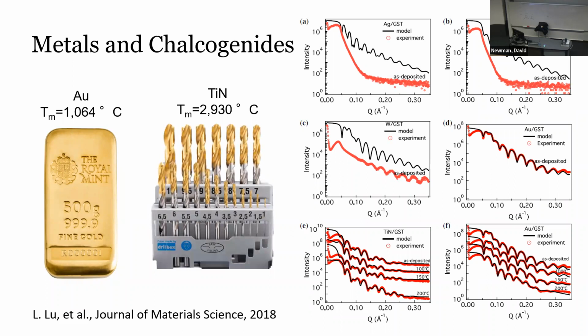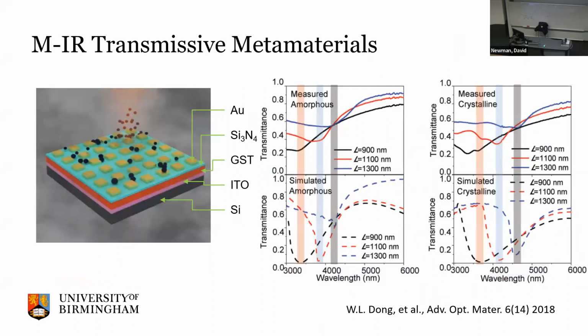The melting temperature of titanium nitride is 3000 degrees C, whereas gold is like 1000 degrees C. So when you heat these materials up to switch them, it's highly likely that titanium nitride will survive. And if you need any more convincing, titanium nitride is a common electrode used in electrical phase change memory. So it seems like a wise choice if you're creating plasmonic metamaterials that are tuned with GST.